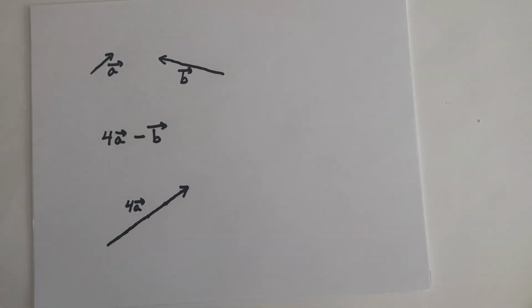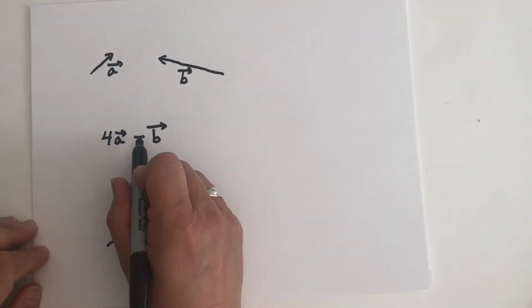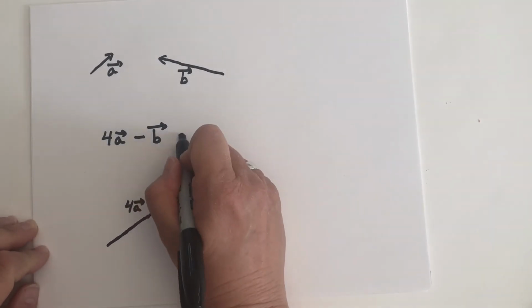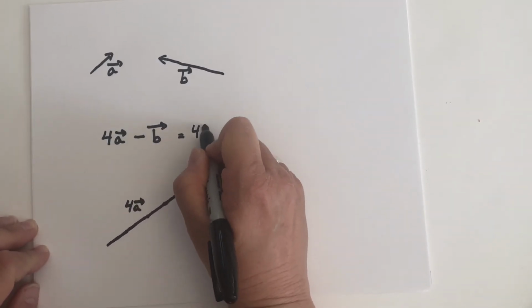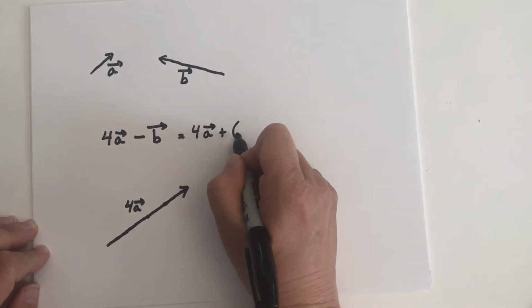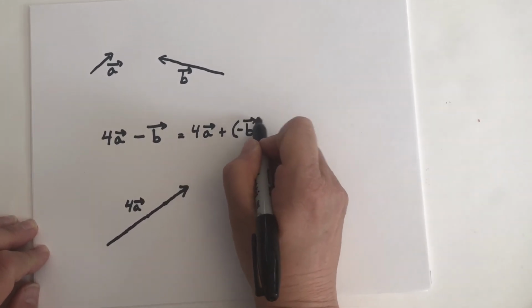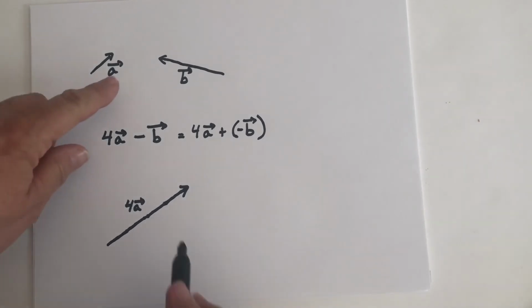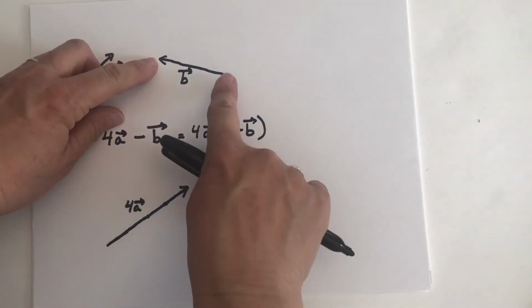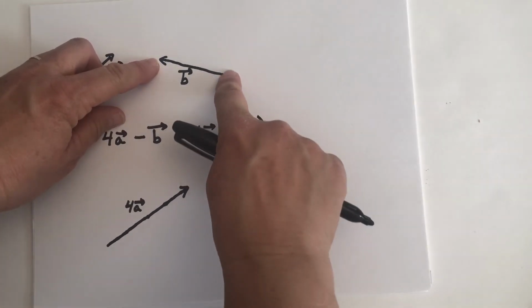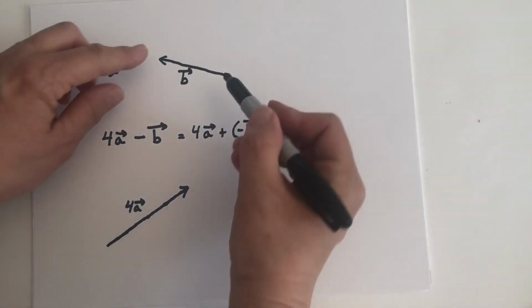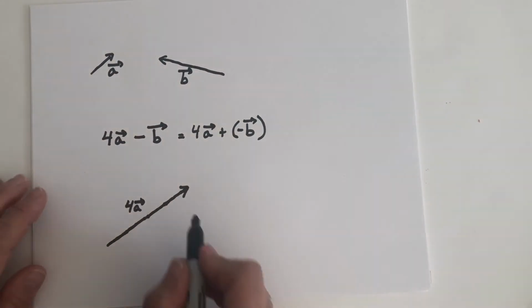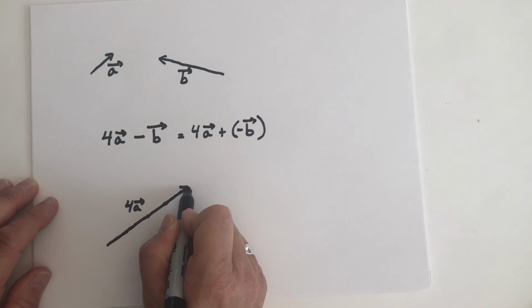Now what you need to know is subtracting vectors is really just the same as adding the opposite. So I could think of this as 4A plus -b. So let me now add -b. So it's this vector going 180 degrees in the other direction. So let me move this down here. It's not very steep, going in this direction.